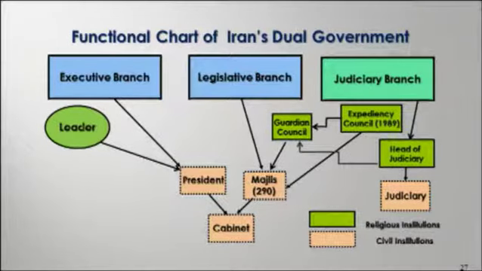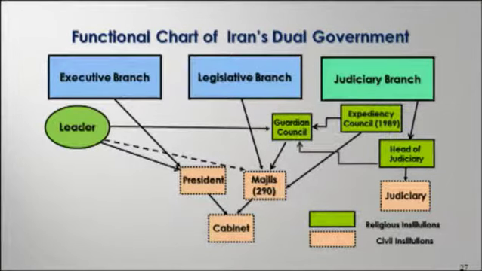The leader also has indirect influence over the Majlis or the parliament. So I've used the dotted line to depict that. This influence is really mostly because of the leader's control over the Guardian Council, the way the Guardian Council's membership is made up. And remember, the leader appoints the 6 clerics, and the other 6 members are appointed by the judiciary, who is in turn appointed by the leader.